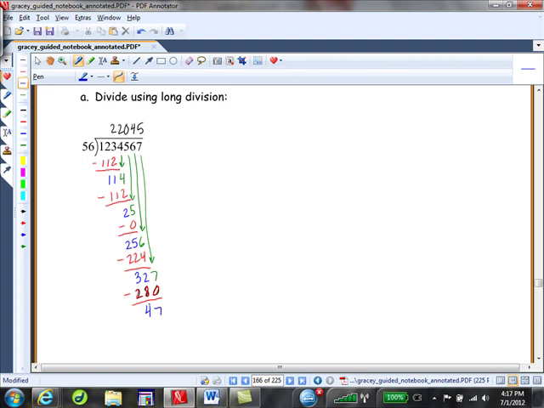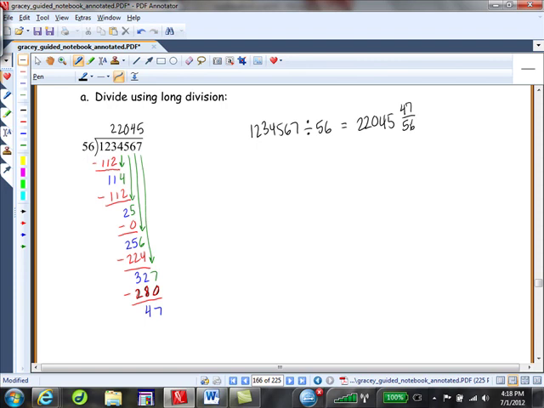So let's talk about what we got here. We found out that 1, 2, 3, 4, 5, 6, 7 divided by 56 was equal to 22,045. Okay. And then our remainder was 47 out of 56.